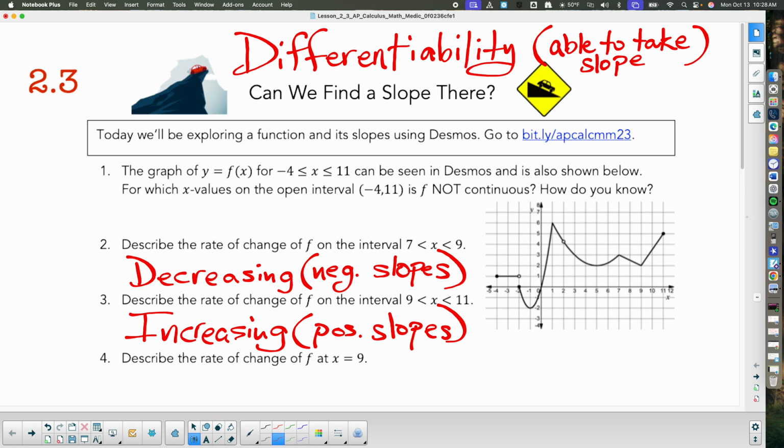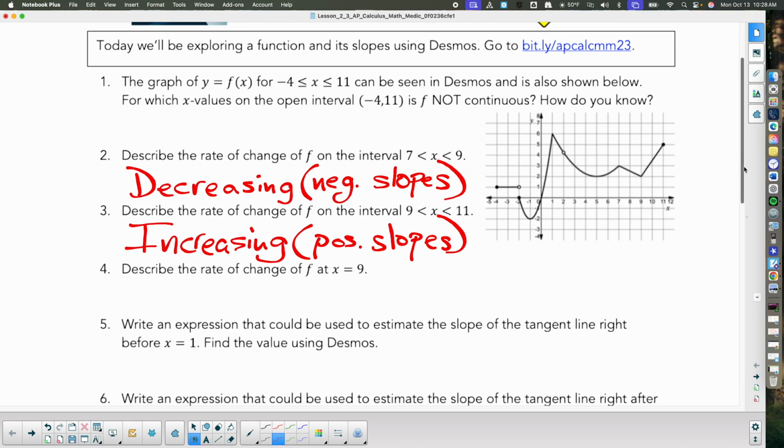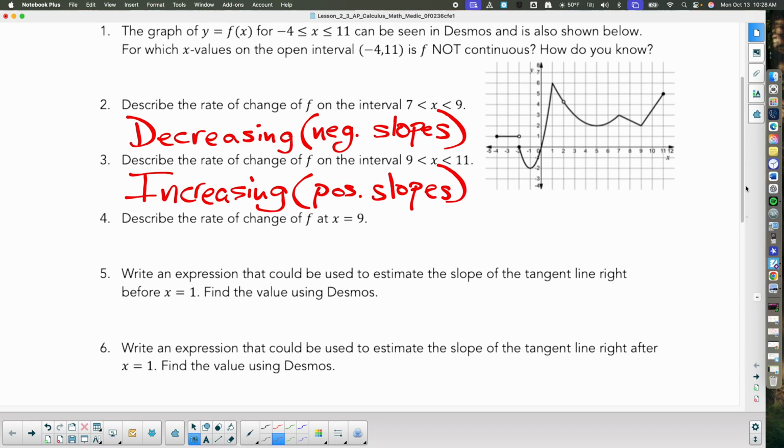Okay, next person who has actually sort of a tough question. 30? Elise? How would you describe the slope at 9?